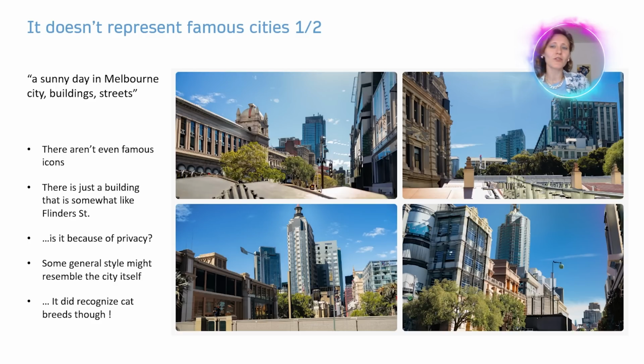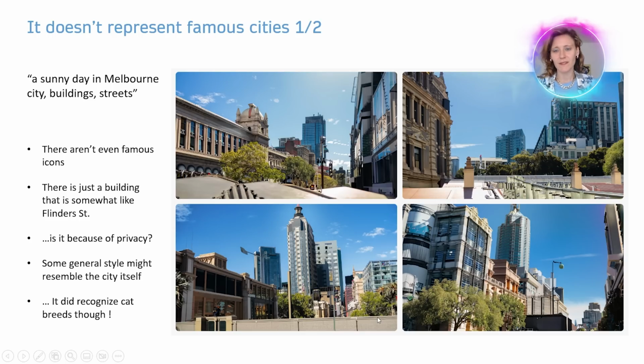Then, I'm not sure why, but it doesn't represent famous cities well. So I tried Melbourne, and it seems that it reconstructs some buildings that look alike to the ones in Melbourne. For example, the one at the top left is similar to Flinders Street Station, but it's not exactly that building.